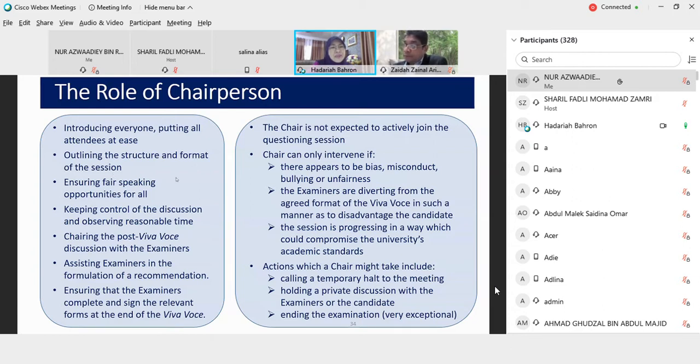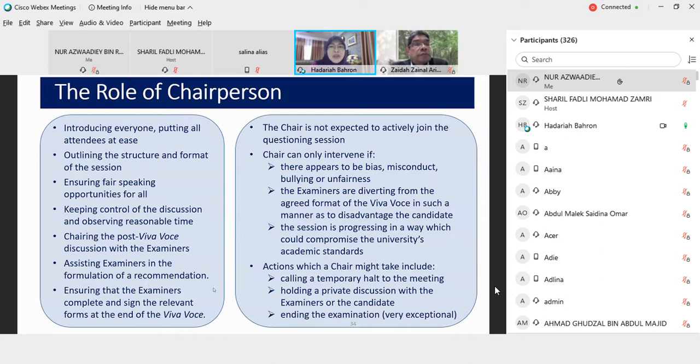Outline the structure and format of the session, and ensure fair speaking opportunities for all. Don't let just one person take the mic. Everybody must speak. Keep control of the discussion, observe reasonable time, and chair the post-Viva-Voce discussion with the examiners, assisting examiners in formulation of a recommendation.